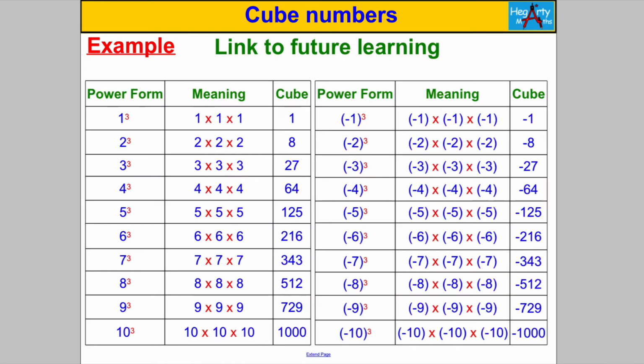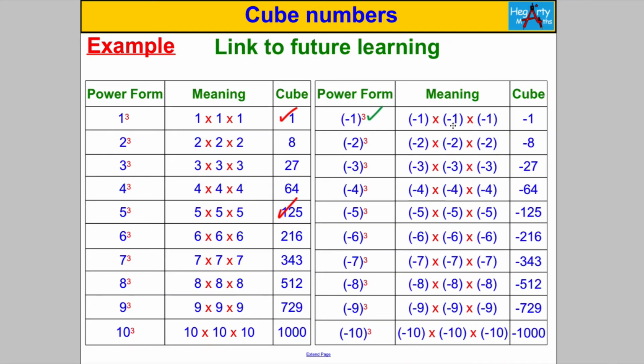Here, all I want you to do is spot a pattern. Now, 1 cubed, which means 1 times 1 times 1, is 1. 5 cubed means 5 times 5 times 5, is 125. Now, let's look what happens when we cube negative numbers. Negative 1 cubed means negative 1 multiplied by negative 1 multiplied by negative 1.